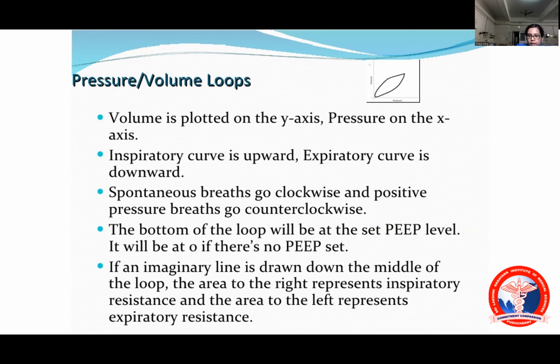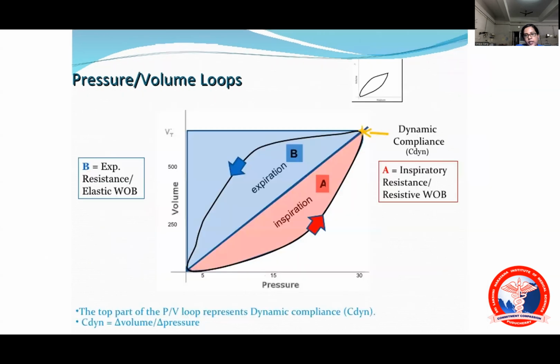The bottom of the loop will be at the set PEEP level. If no PEEP has been set, it will be at 0. But we have to set at least a minimum PEEP of 5 centimeters of water. If an imaginary line is drawn down the middle of the loop, the area to the right represents inspiratory resistance, and anything to the left side represents expiratory resistance.